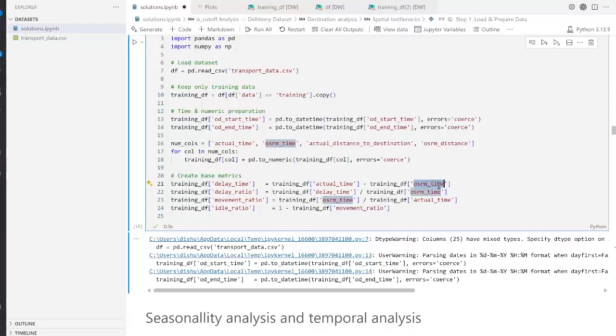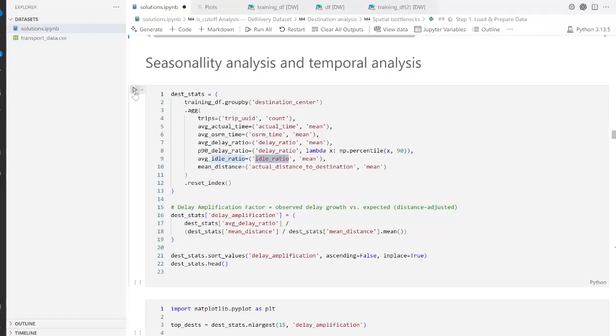Reference time over here is the OSRM time. Operating on the same logic is the delay ratio: actual divided by the reference. Movement ratio is nothing but the inverse of delay ratio, so OSRM divided by actual, and idle ratio is taking a difference from one. It will give us the idle ratio. Okay.